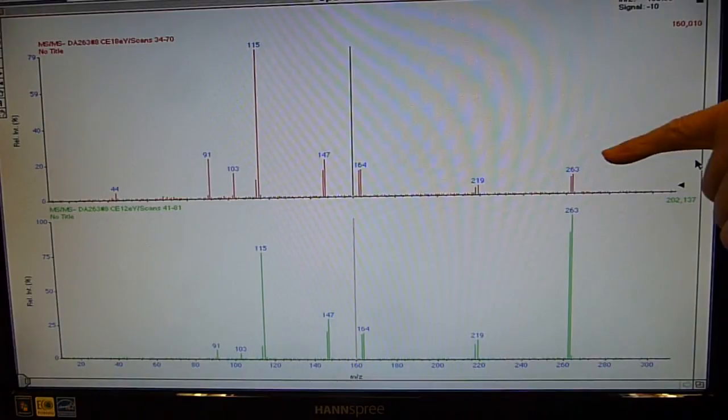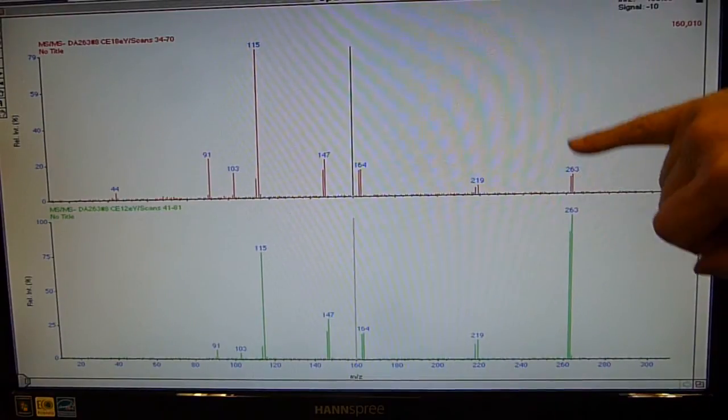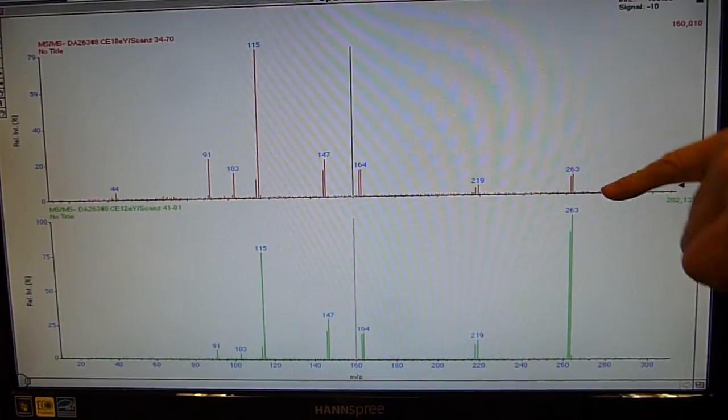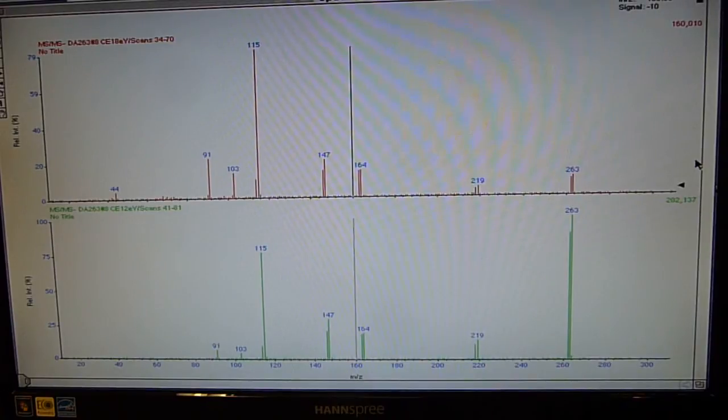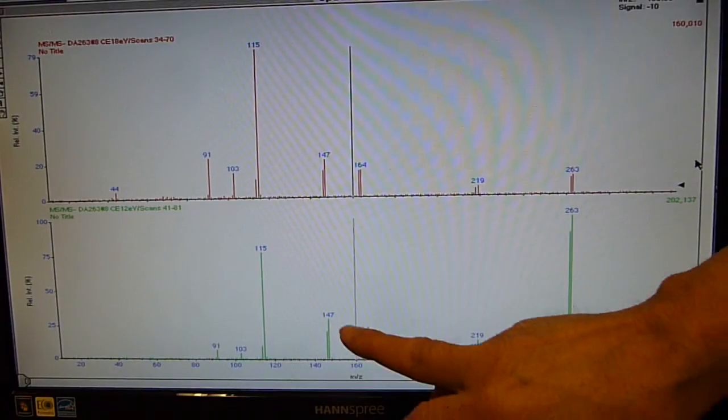So you can see as collision energy increases, the precursor ion drops down.